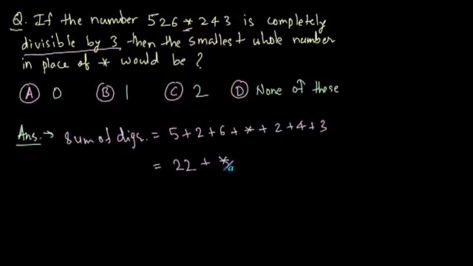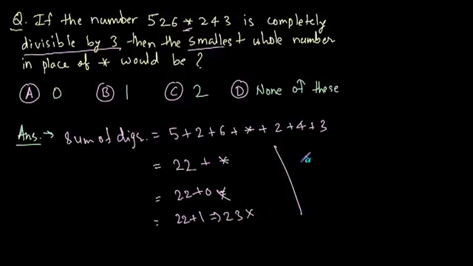Now you need to find out what would be the smallest value of star so that this number is divisible by 3. So let's start by putting 0. If it's 0, then 22 would not be divisible by 3. If it is 22 plus 1, that is 23, then also it is not going to work.